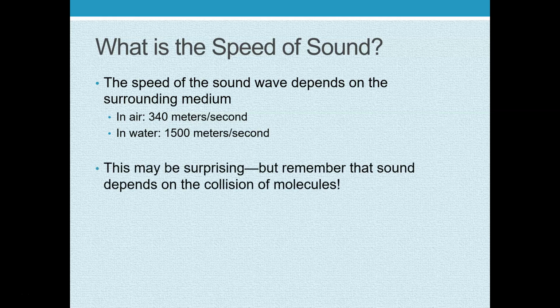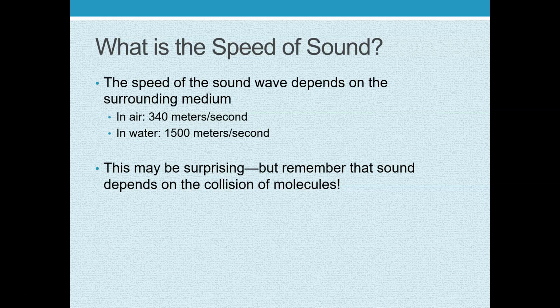Now, some of you might find this kind of surprising because if you've ever played a game of Marco Polo, if you're underwater and somebody is outside of the pool yelling at you, you won't be able to hear it. But part of the reason that this happens is because that sound has to be transmitted from air to fluid.